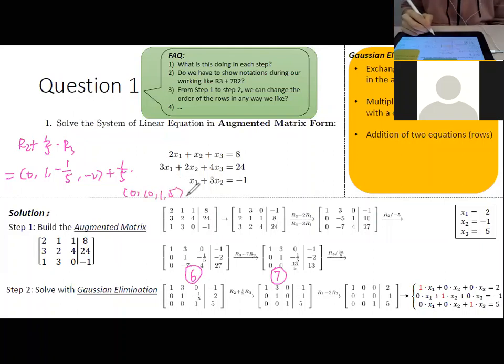After the calculation, we get a new second row of matrix 7. And you can observe that on the left side of the augmented matrix, the element 1 here is the only non-zero element in the second row.